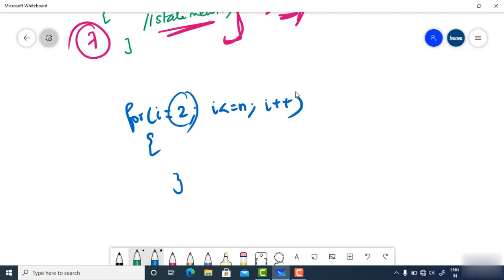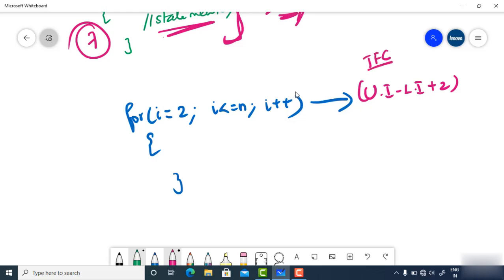I'll start from 2, then I couldn't say that this will execute n plus 1 times, because I'm just starting from 2, right? So what should I do in this case? In this case you have to use a formula. I'll tell you a good formula. Please remember this. The formula here is upper index minus lower index plus 2. That is the formula to find the total frequency count of a for loop.